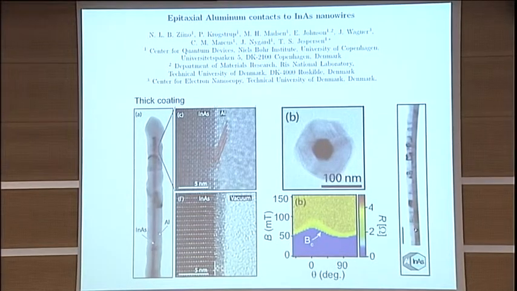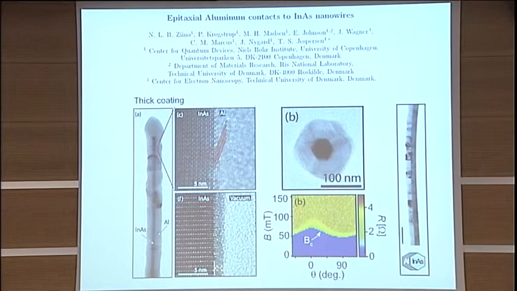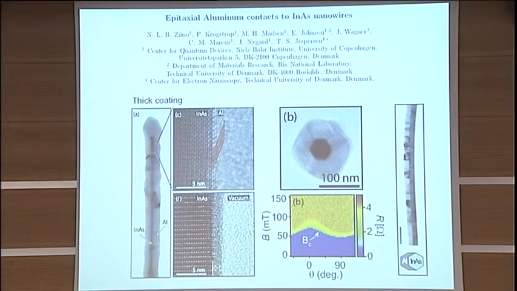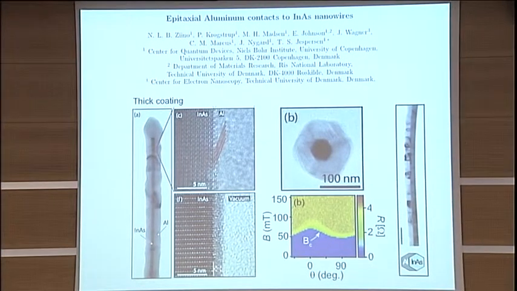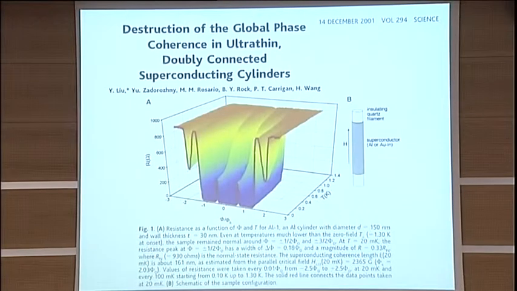You can even directionally apply the aluminum so that only one side of the nanowire gets epitaxial aluminum grown onto the side of the wire. So you can have superconductivity epitaxially connected. If you don't do that, you get this interface layer. This is when you have taken it out and subsequently evaporated aluminum on. You have this interface layer, but not so when you do it epitaxially. And that may be the solution.